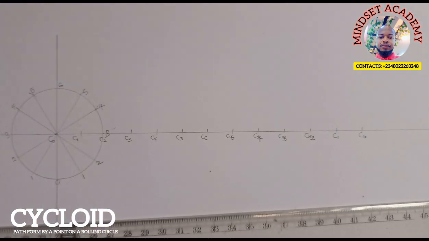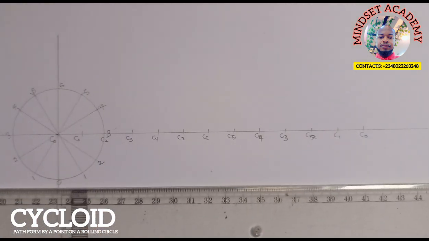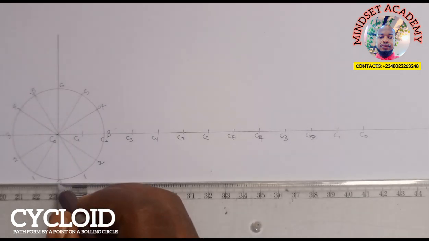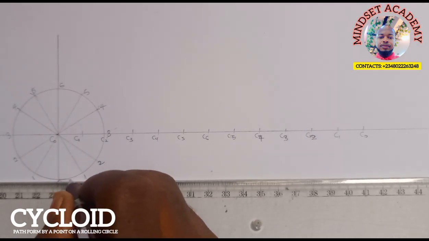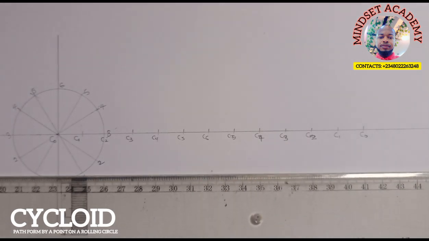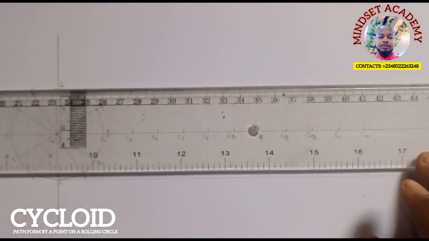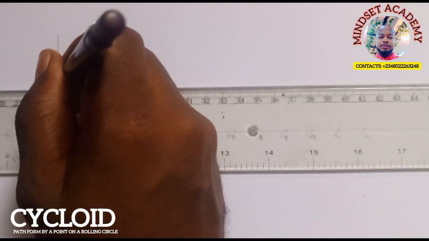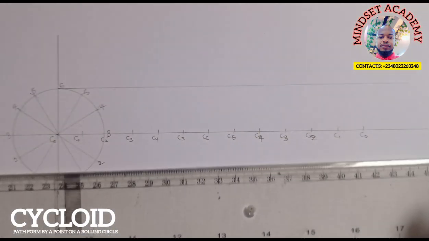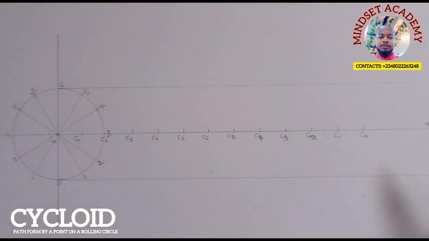Now the next thing I'm going to do here is to take my instrument and draw a horizontal line from the base of the circle here. Another horizontal line from the top of the circle here. Hope you can see that. Then I'll draw a line across each of those points this way.